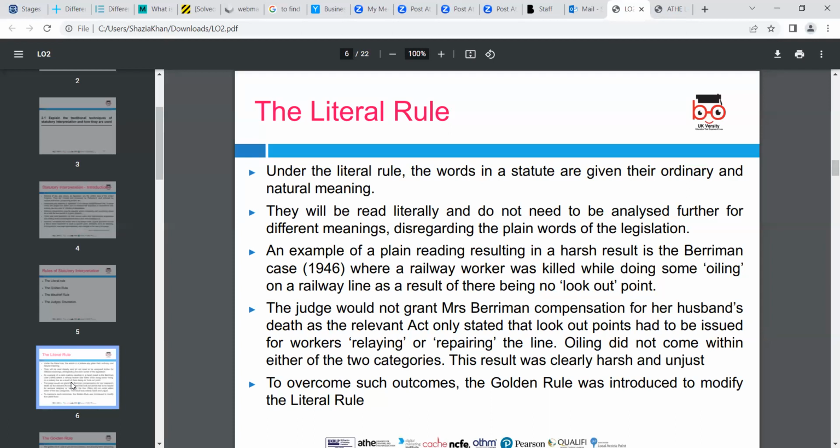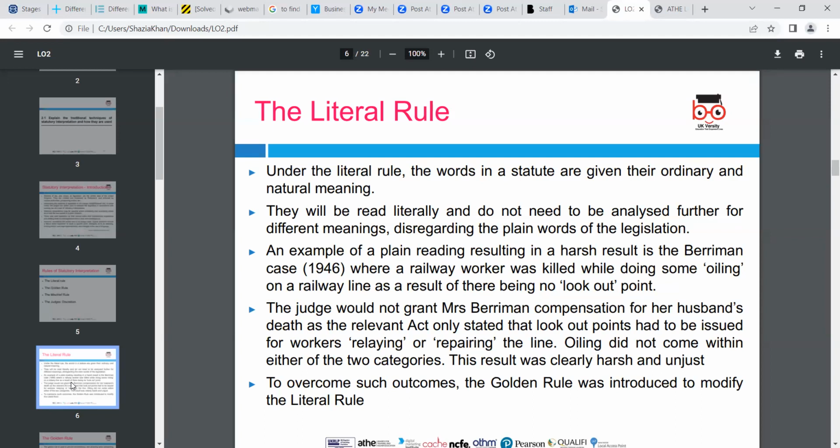An example of a plain reading resulting in a harsh result is the Berryman case in 1946, where a railway worker was killed while doing some oiling on a railway line as a result of there being no lookout point.